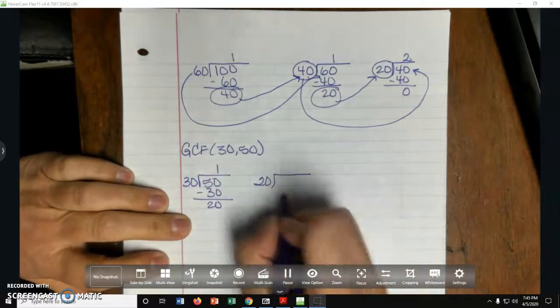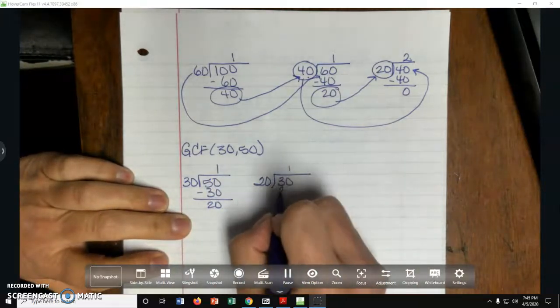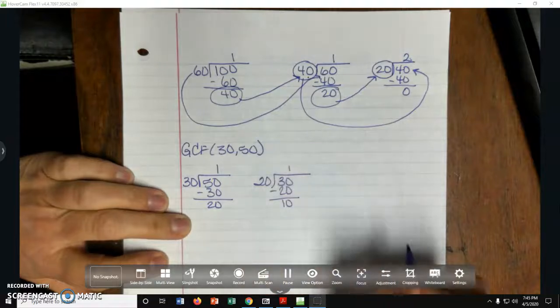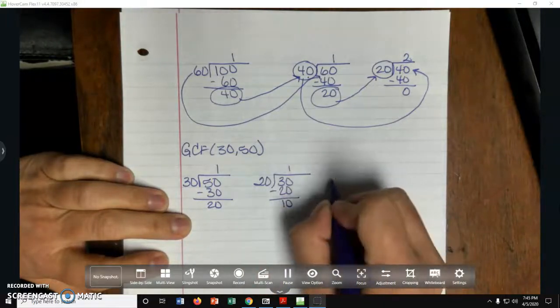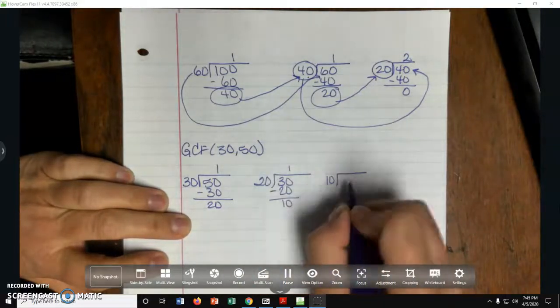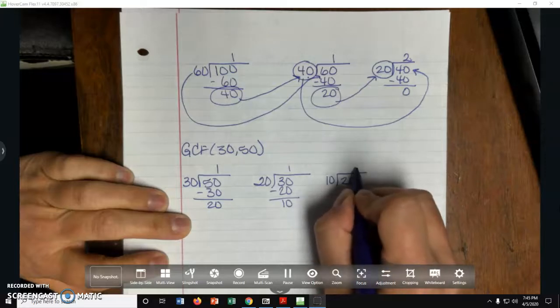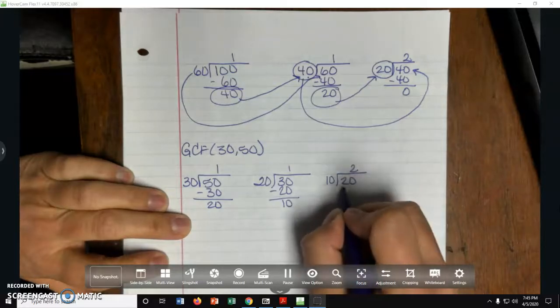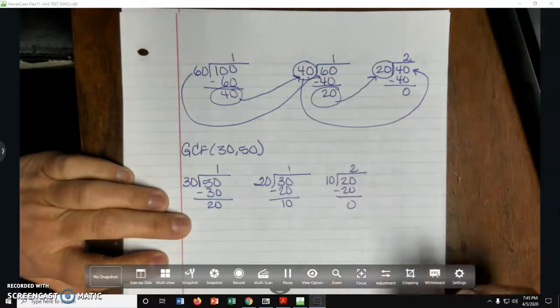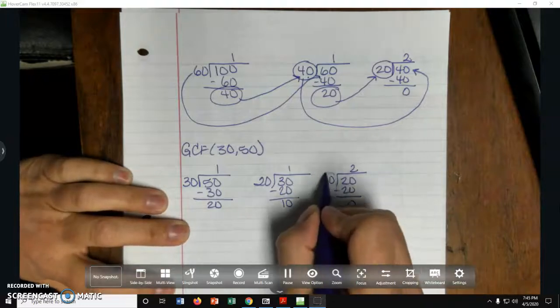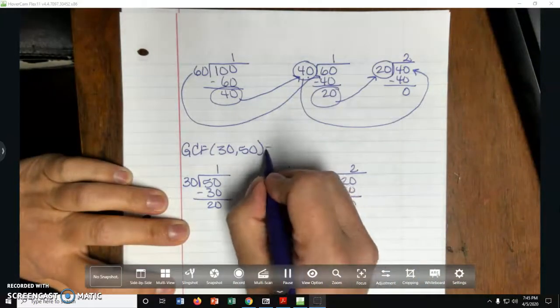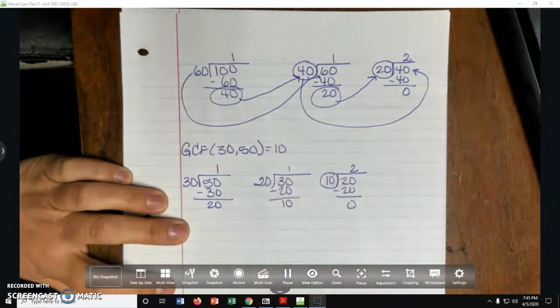My original divisor now becomes my dividend. My remainder becomes my new divisor, my old divisor becomes my dividend. 10 goes into 20 2 times. And there we have it. My last divisor is the greatest common factor. Greatest common factor of 30 and 50 is 10.